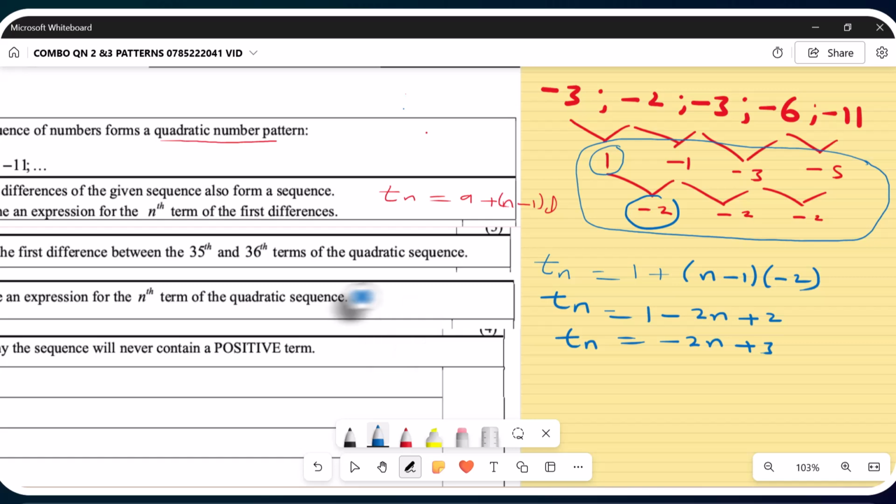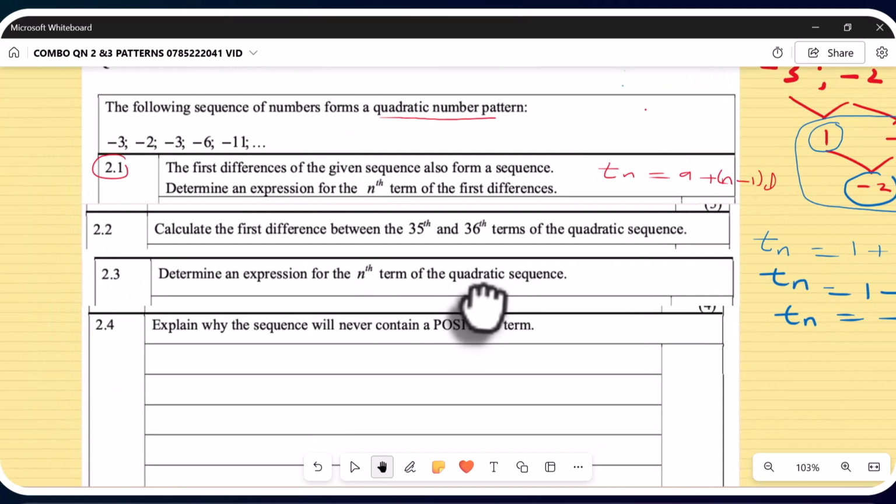Now, the one on top here is for the quadratic, and we call it the capital Tn, which is given by an squared plus bn plus c.